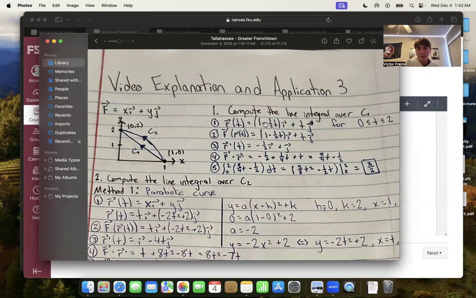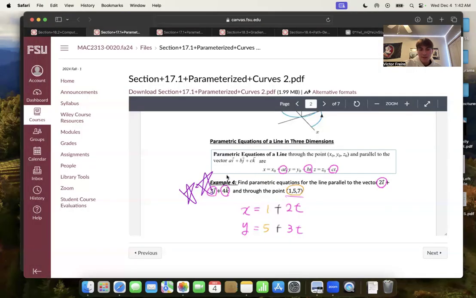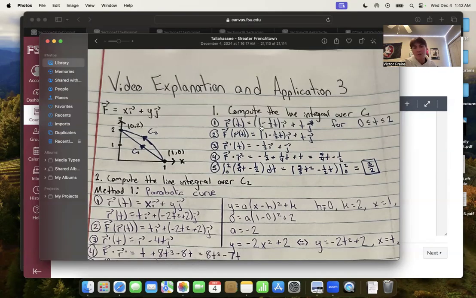So I said negative 1/2 i and plus 1j. That means a is negative 1/2, and b is 1. So if we go back here, we'll have 1 minus 1/2 t for the x component, and then 0 plus 1t for the y component. So that's how I got this right here.